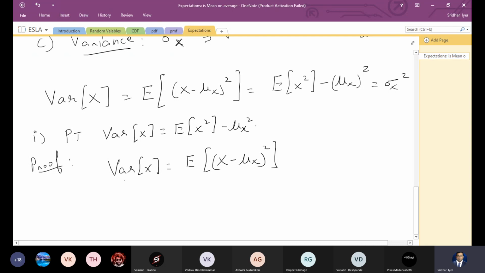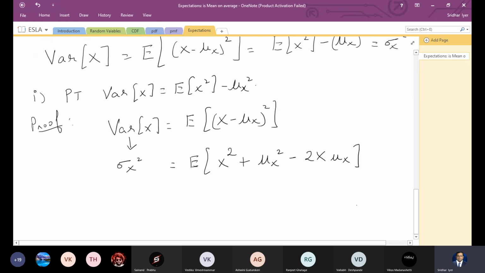Okay, now I'm going to write this variance of x as sigma x square, and I'm going to open the bracket on the right hand side. That means I'm going to open (x minus mu x) the whole square. So you have E of, once you open the bracket, it is more like (a minus b) the whole square. So you'll have a square, which is x square, plus b square, which is mu x square, minus 2ab, so you'll have 2 x mu x, right?